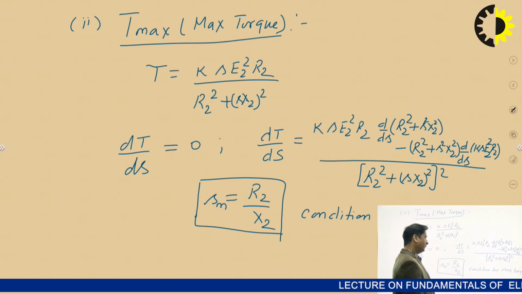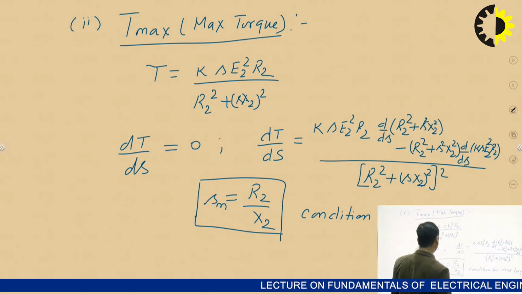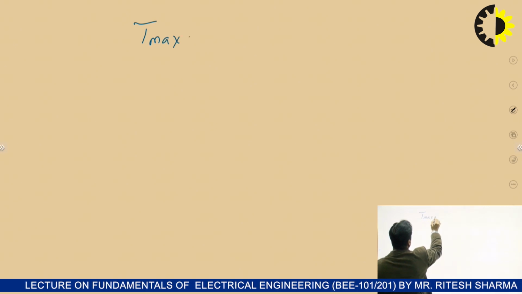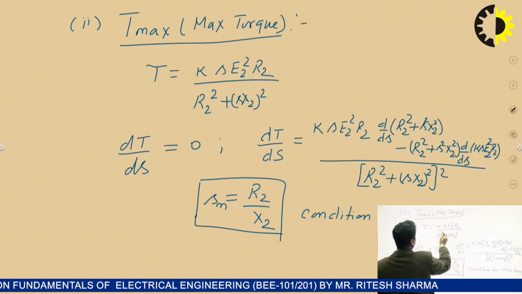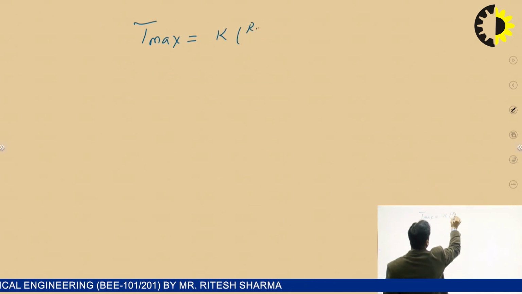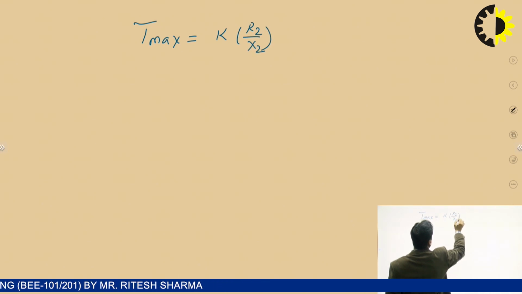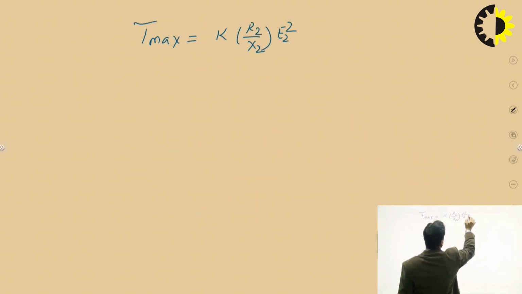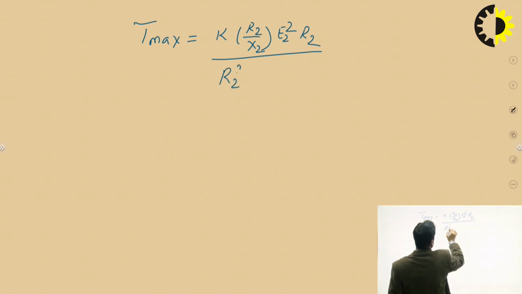Now it is required to find how much maximum torque there will be. If you put the value of S in, you will get T max equal to K times S, which is R2 upon X2, E2 square into R2, upon R2 square plus S square X2 square.